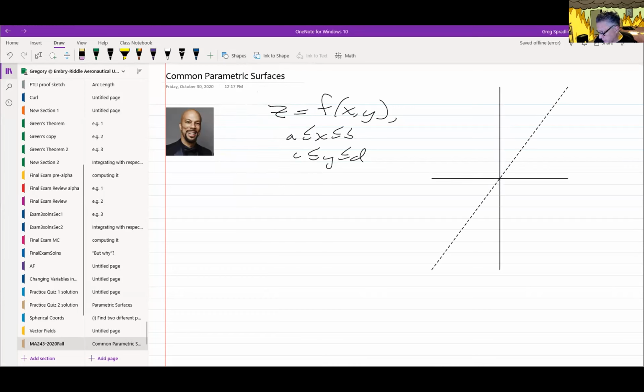So we have a rectangle in the xy plane and a surface above it or maybe below it. So that there's a domain in the xy plane. I'll draw the actual surface above it.